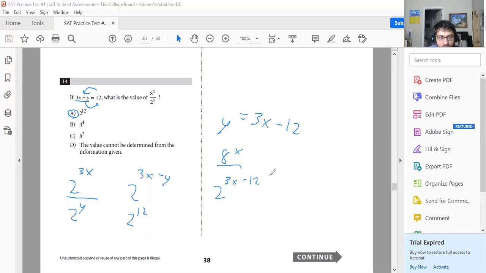Again, we could rewrite the 8 to the x as 2 to the 3x. These cancel out, and we're left with 1 over 2 to the negative 12. We would just switch the exponent to become a positive 2 to the 12.